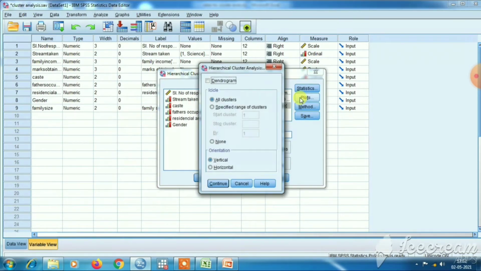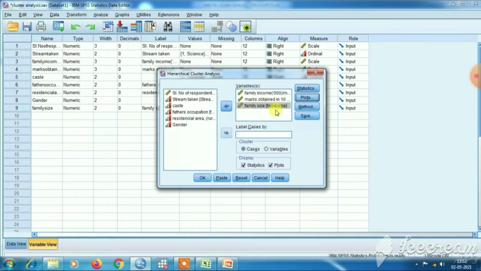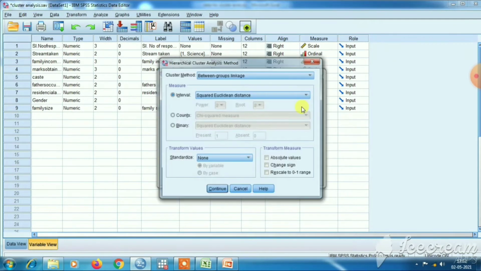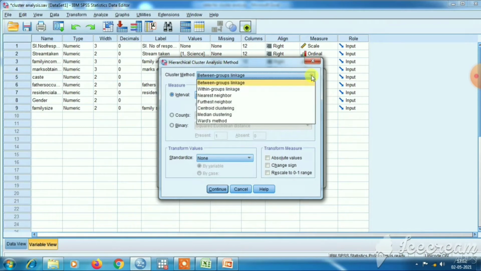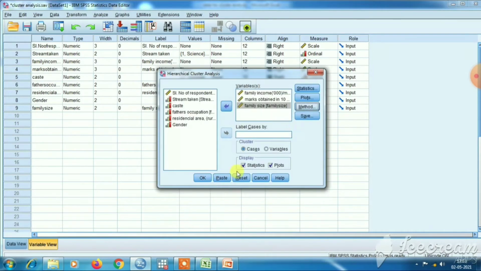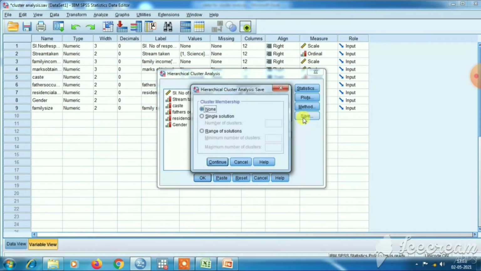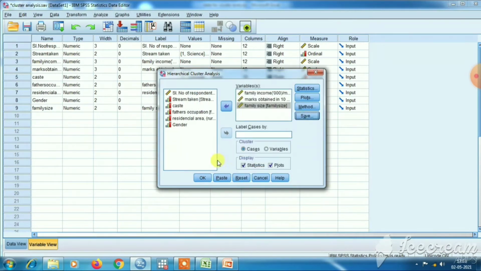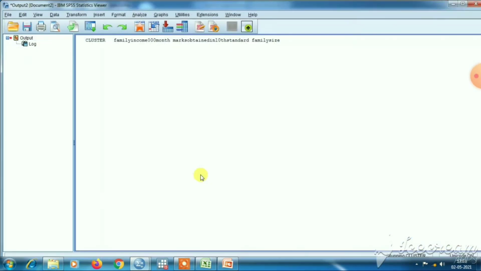We will not plot the dendrogram because we will get the approximate idea of the number of clusters from the agglomeration schedule. For the method we take Ward's method, with squared Euclidean distance. We don't need to standardize because we are using the same type of variables. Continue, we don't need to change anything in Save, so click OK.